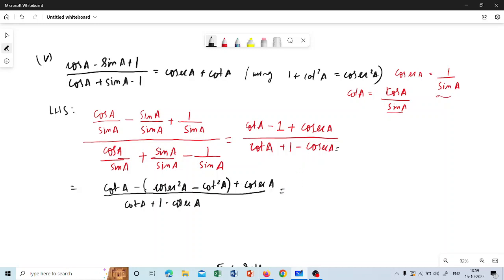So now if I try to open the bracket, what will happen? Cot A plus cot square A plus cosecant of A minus cosec square A. So this should be cosecant of A, no?